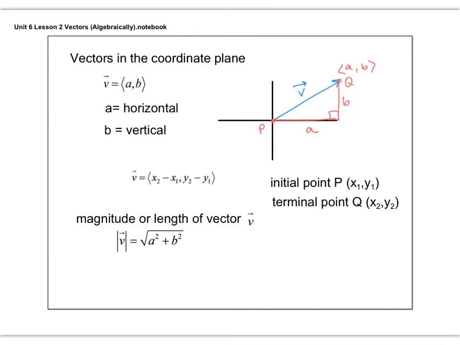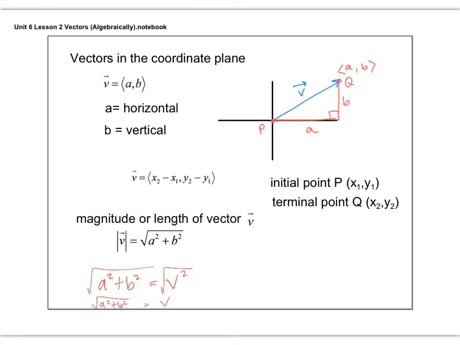Something that's pretty cool about this is I could use that horizontal component and vertical component to find the magnitude of the vector. Think about the Pythagorean theorem. If I wanted to figure out how long vector v was, I could do a squared plus b squared equals v squared. And if I was going to solve this, I would take the square root of both sides, and I would get the square root of a squared plus b squared equals the vector.